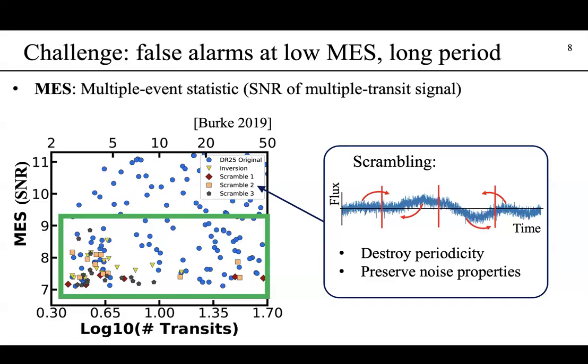But you can see that here at 7 and 8, and even at 9, we have all of those colored points. And there is the same number of colored points as blue points, which means that the mock search discovers the same number of events as the true search. So it means that half of the events in your catalog probably are false, in the same way as you got them in the false search.